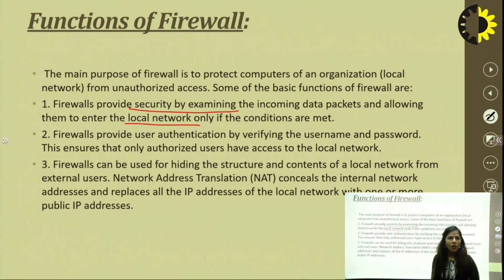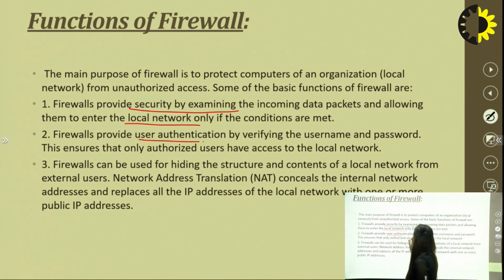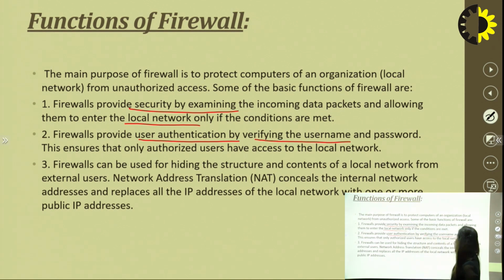Now let's discuss the next function of the firewall: user authentication. The firewall provides user authentication by verifying the username and password. It is used for authentication and authorization purposes: which person can access the data. What is authorization?